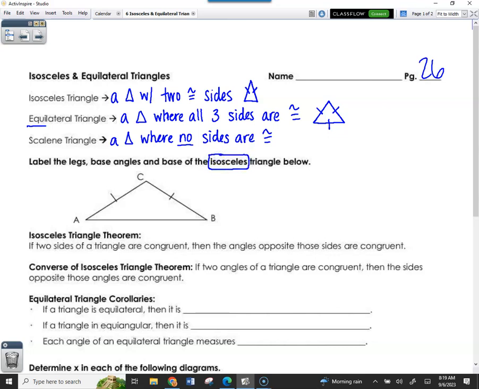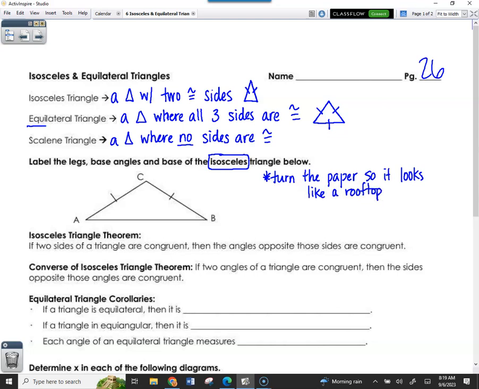Here's an isosceles triangle right here. Anytime you have an isosceles triangle, I want you to turn your paper so that the triangle is like a rooftop. I want that to resonate like on repeat in the back of your head. Turn the paper so it looks like a rooftop.